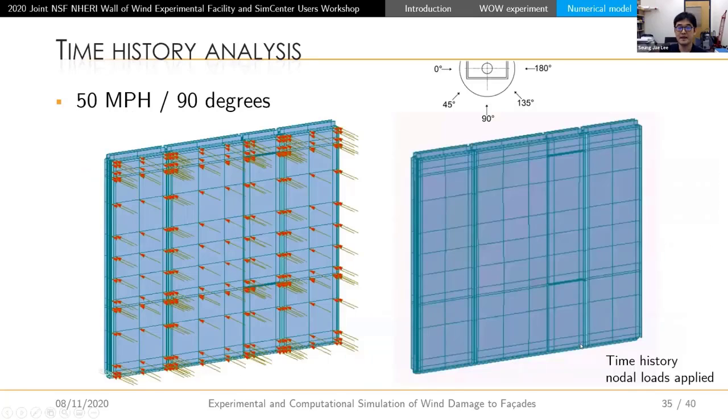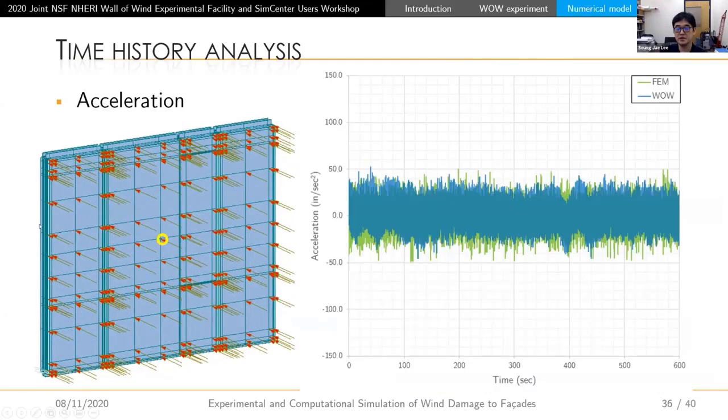Okay. And we also performed time history analysis. So we used the pressure time history data to apply the time history nodal loads. And this is the simulated behavior of the system for 50 miles per hour wind speed at 90 degrees wind direction. And then we compare the acceleration at the center of the middle panel.